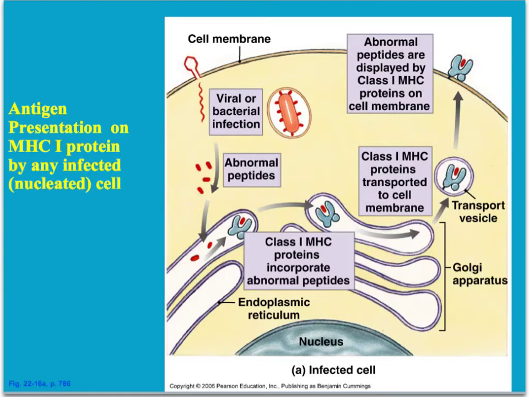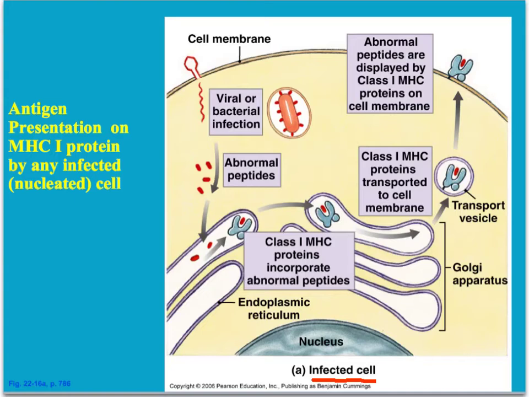Okay, antigen presentation on the MHC1 protein. Any cell that's infected can have these MHC1 proteins, which we're going to show right here. These MHC1 proteins sort of continually migrate through the Golgi, through the vesicles, up to the cell surface.